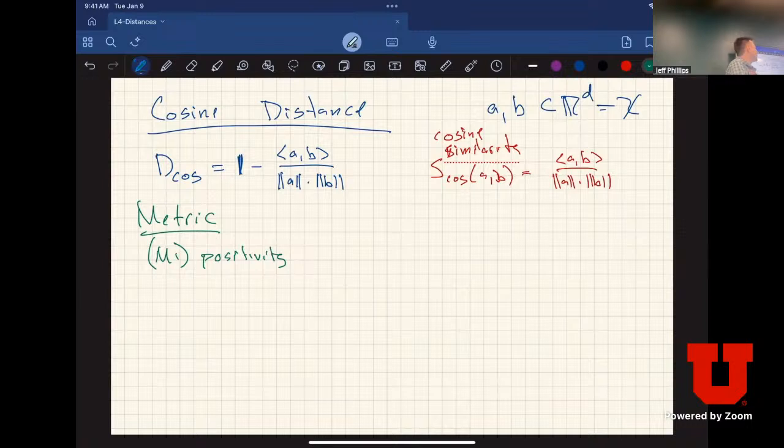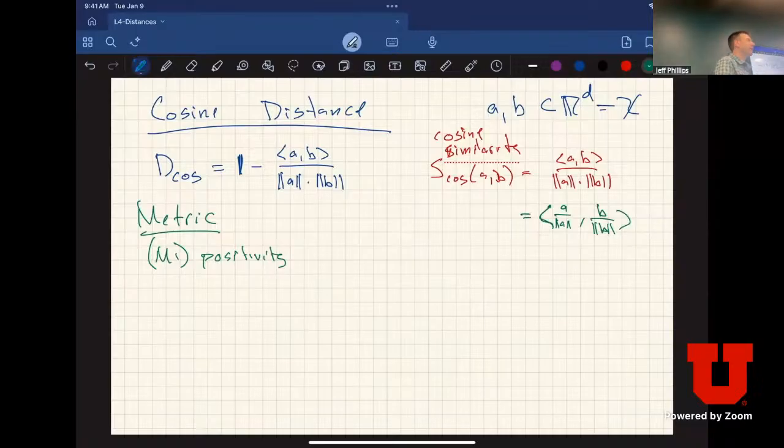So this is equivalent to taking the dot product of the normalized version of A and the normalized version of B. These are each of length at most 1, and the dot product of two things of length at most 1 is at most 1. So I'm subtracting a quantity from 1 that's at most 1, so it has to be positive.